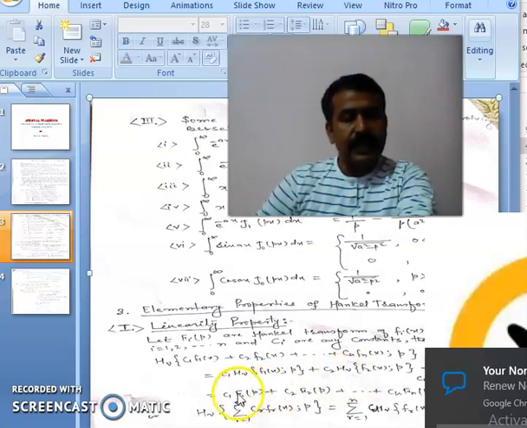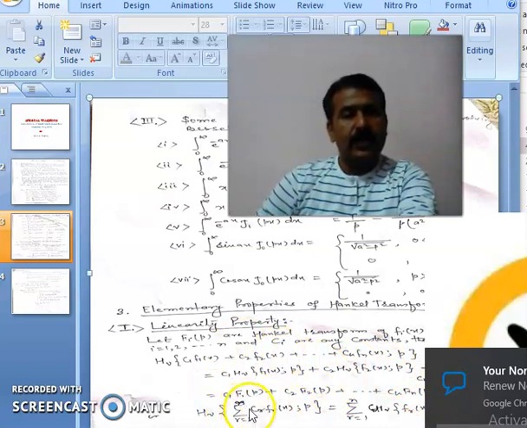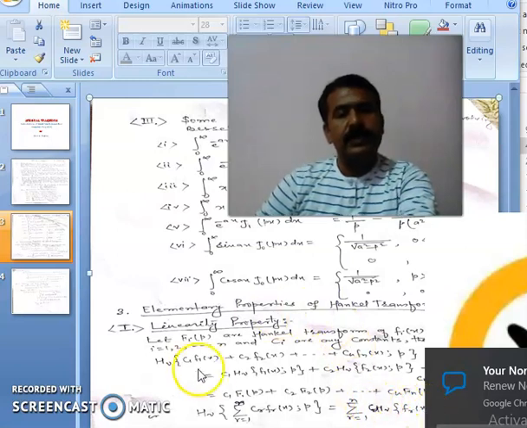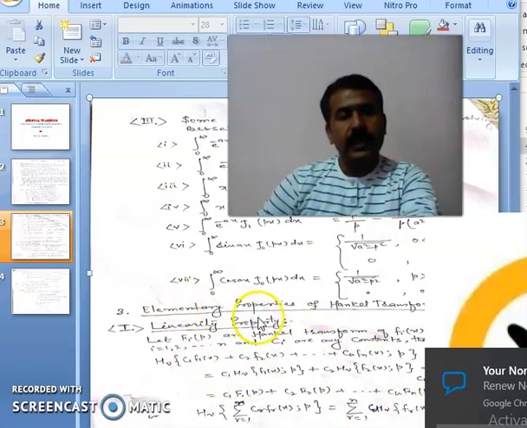So this can be written as c1 F1(p) plus c2 F2(p) plus dot dot dot cn Fn(p). Or in generalized form, we can write Hv of summation r equal to 1 to n cr fr(x) such that p equals summation r equal to 1 to n cr Hv of fr(x) such that p. So this is the elementary property of the Hankel transform.